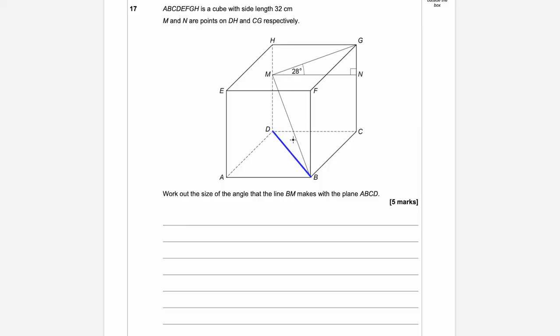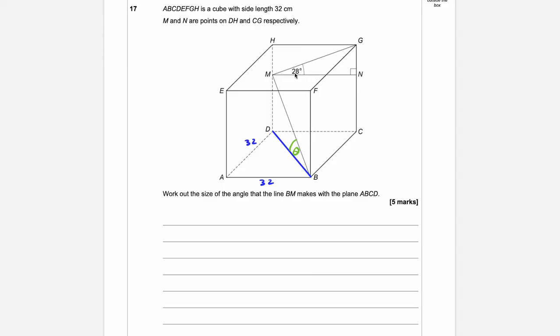Let me just draw it like that. This is the angle he wants. Let's call it theta, because it's the angle that this line makes with the plane. The plane is like the bottom of the cube, the base of the cube. Now we know the base is 32. So this is 32 here. This is 32 here.